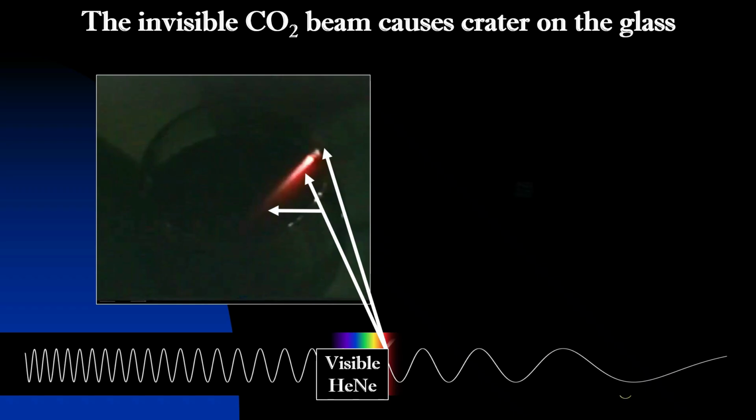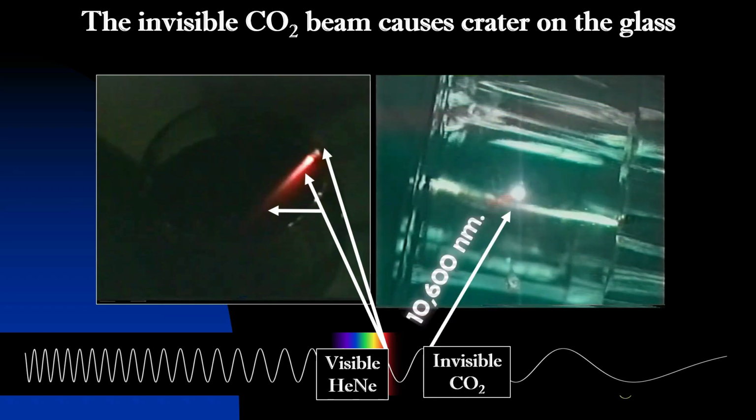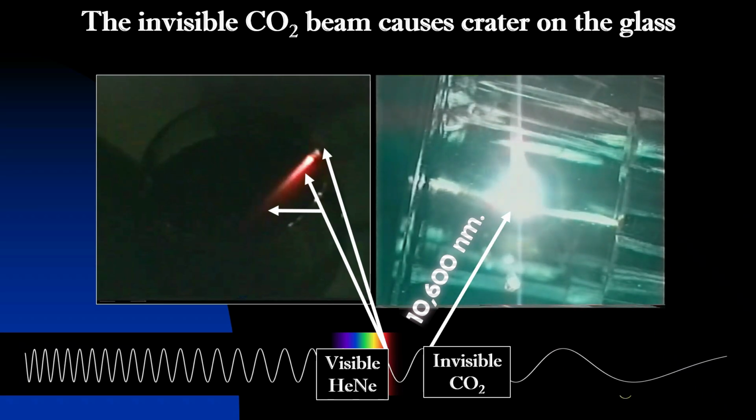Next, we position the Heine spot on the drinking glass. As seen before, the Heine beam does not interact with the glass. Then, we activated the CO2 laser by pressing the foot pedal. The CO2 beam, which emits at 10,600 nanometers, cannot pass through silica, which has an optical property of between 600 and 2000 nanometers.